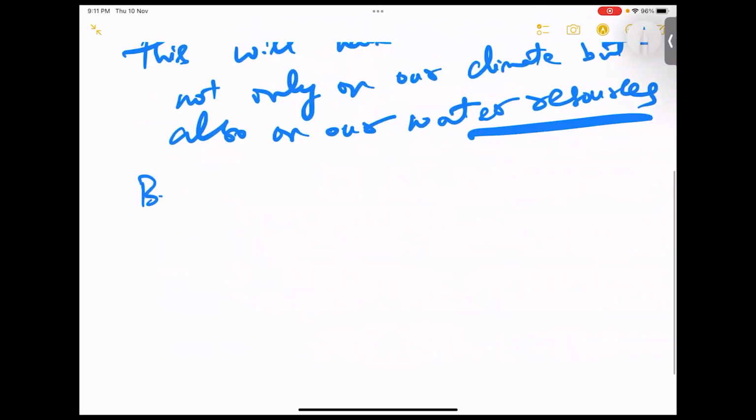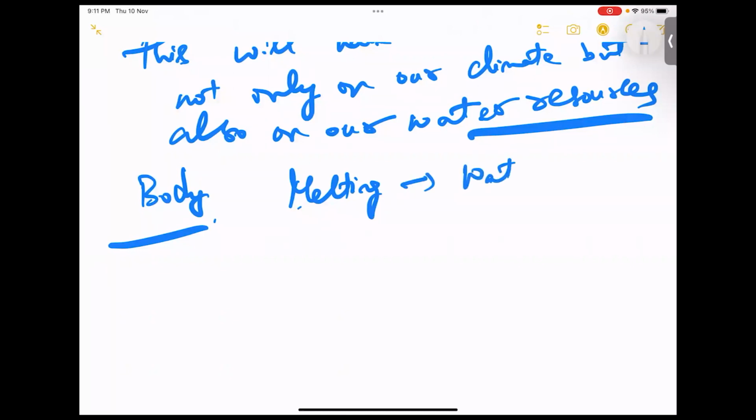So in the body you'll write, how does this melting impact water resources?